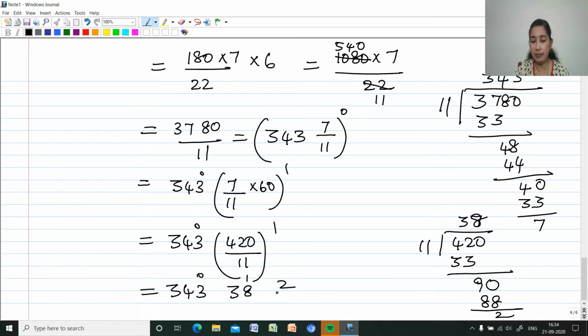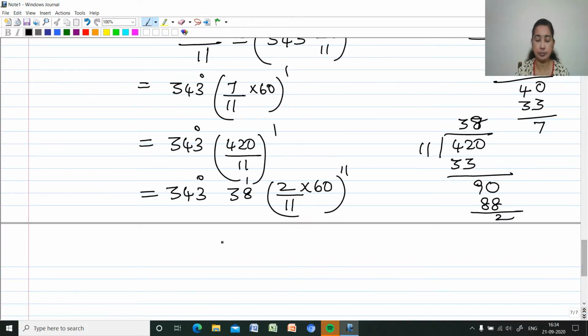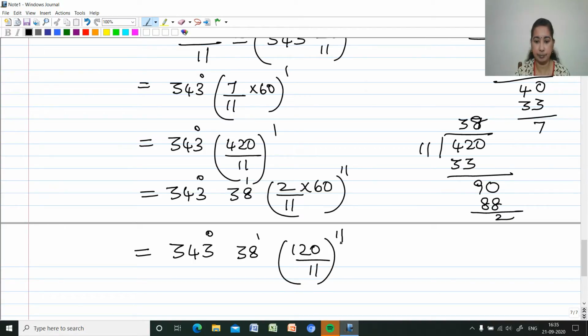So 2 by 11 we have to convert into seconds by multiplying by 60. So this many seconds. Now again simplifying that, this is equal to 343 degree, 38 minutes and 120 divided by 11 seconds.